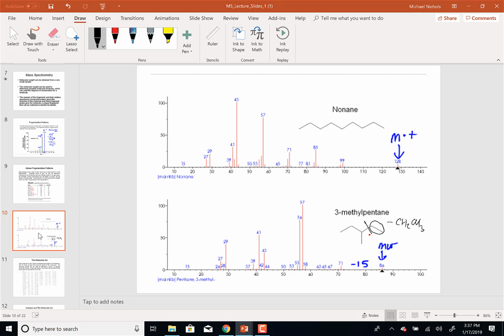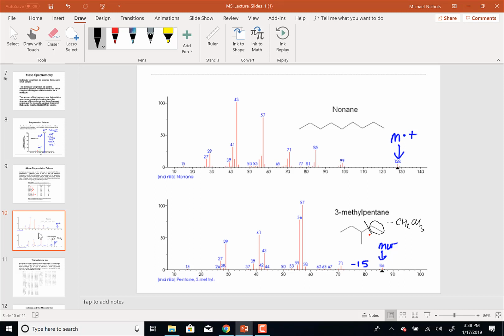So all of these are pieces of this. And somebody who's really good at mass spectrometry, which I'm middle of the road for stuff I do, could use that and determine the structure probably from scratch. So that's what we're going to talk about more next week, about the fragmentation.